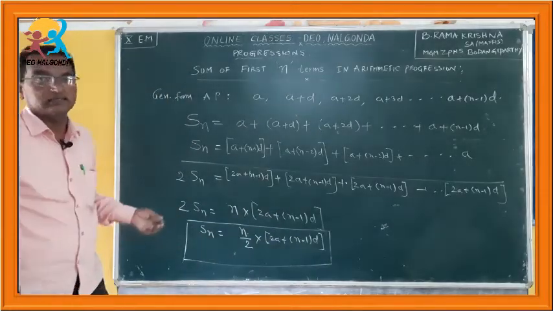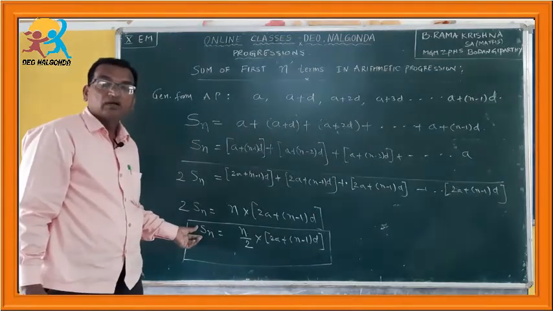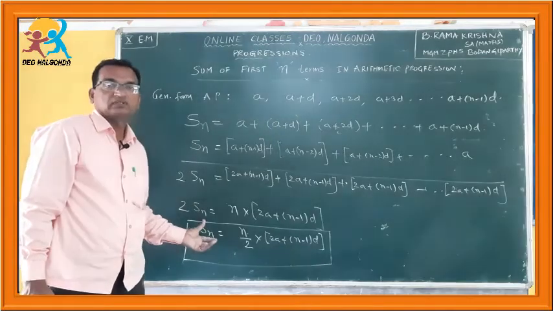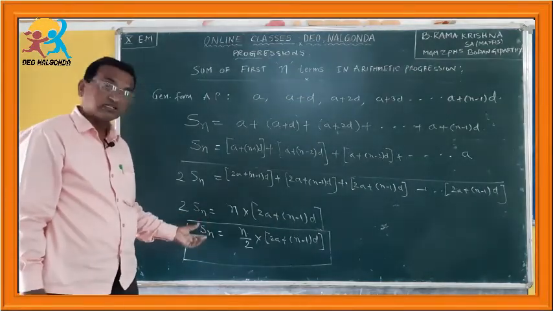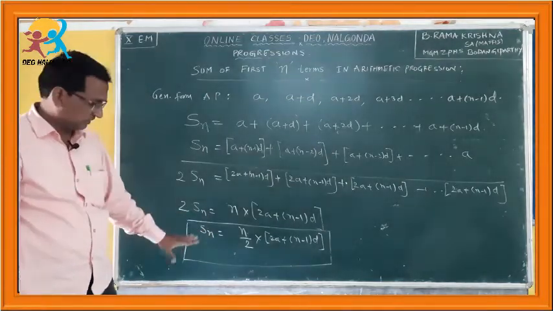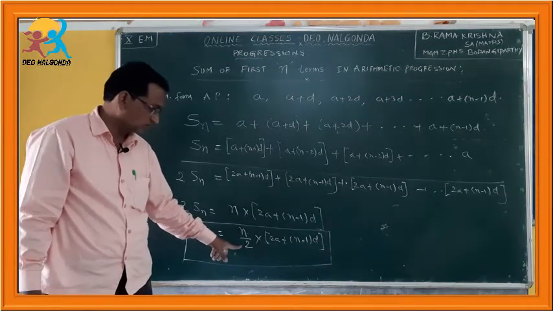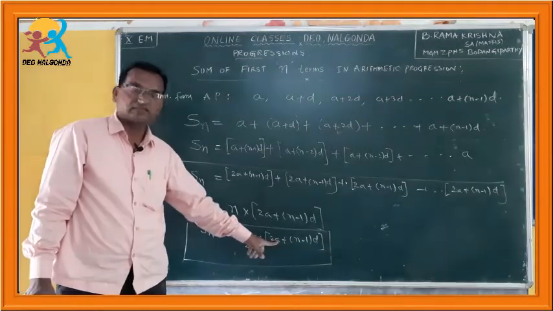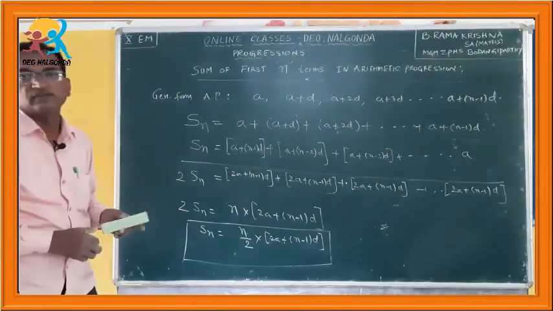You have to understand these terms. What is Sn? Sn is the sum of the first n terms in the arithmetic progression. a is the first term, n is the number of terms, d is the common difference.